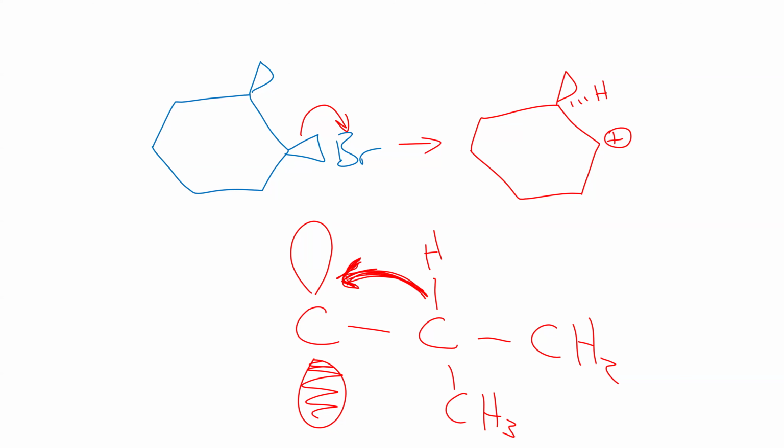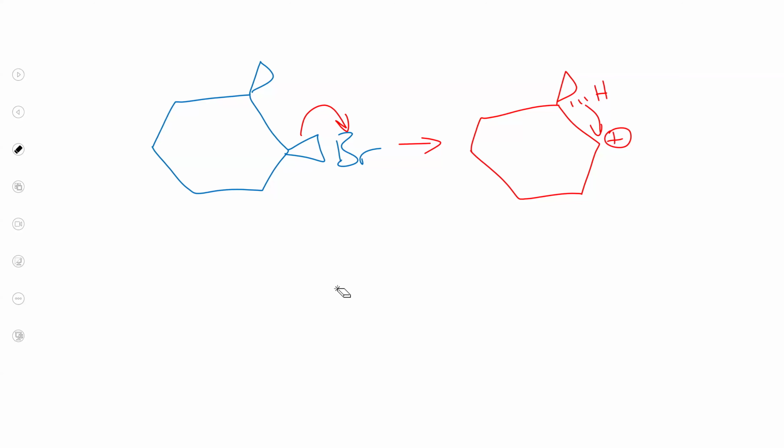Now, what's the result after you do that rearrangement step? Well, it's going to be tertiary instead of secondary, right? Correct. So if we move the hydrogen over, now the empty spot is on the tertiary carbon instead.